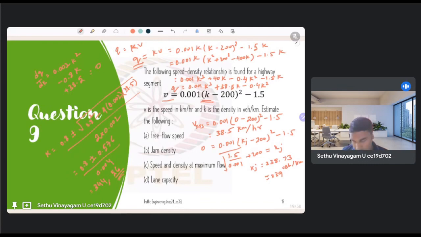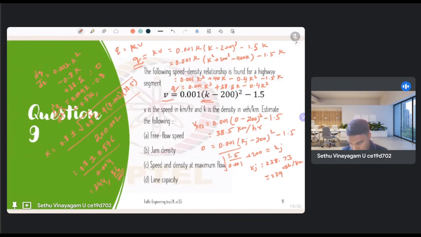So we can verify that by finding the second derivative, d squared q by dk squared. So that would be 0.004 k minus 0.8, right? So for the first one, 344, it will be 0.004 into 344 minus 0.8, which is 0.576.